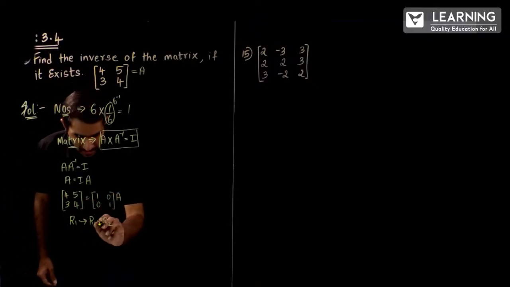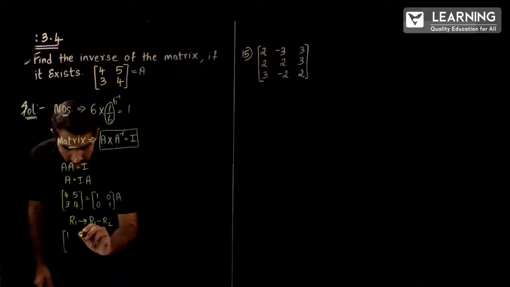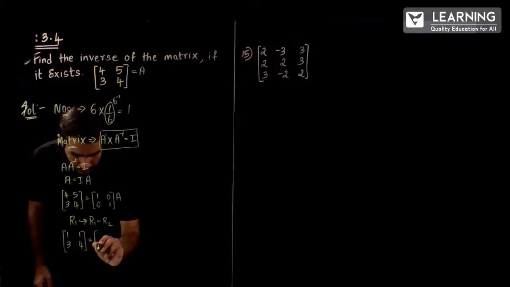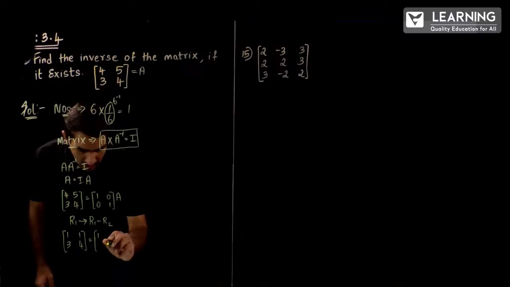So by applying this operation, what do we get? 4 minus 3, 1. 5 minus 4, 1. 3 as it is, 4 as it is, because we are not doing anything to R2 here. On the right, same thing, R1 minus R2. 1 minus 0 is 1 only. 0 minus 1 is minus 1. The second row as it is, 0, 1, and here we will be writing A.